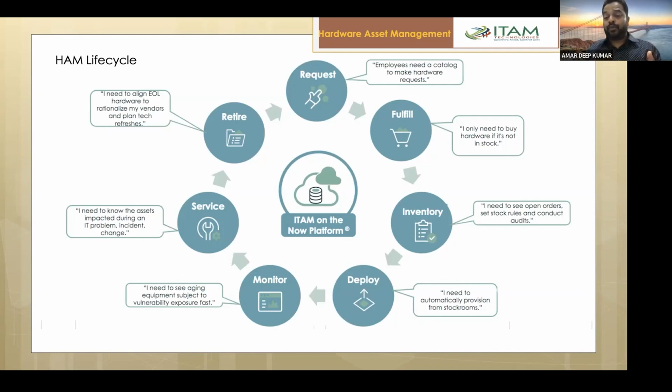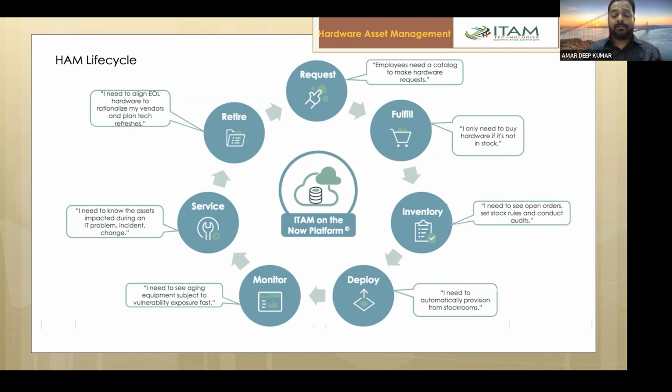So now we have to plan the procurement for those assets so that we can give them to the users. So see, these are the benefits you get if you have a hardware asset management process, right?